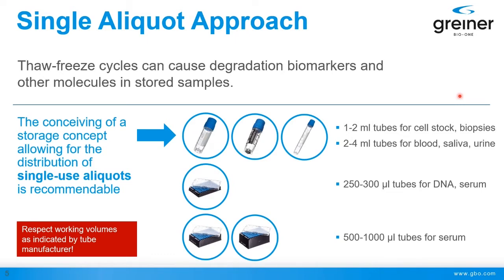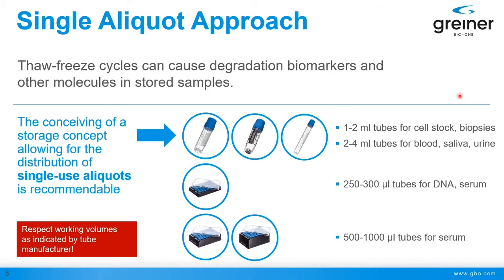And this amount of sample should be, in the best scenario, used in one shot. Because if you, let's exemplify it, store 2 milliliters of serum, but at the end your end users taking advantage of your samples will only use 50 microliters of serum, then it's not a good practice to store 2 milliliters and then always thaw the sample, take 50 microliters away and refreeze the rest.